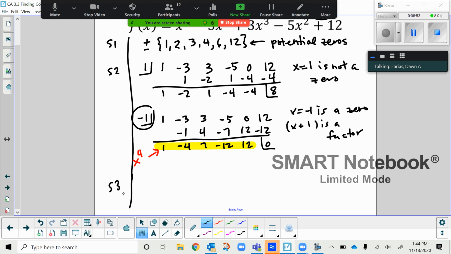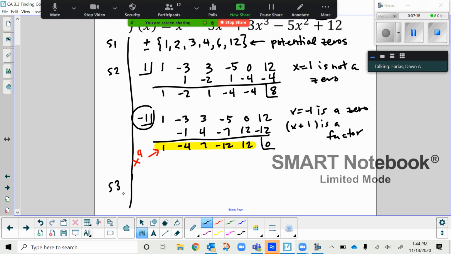And as someone in class pointed out, that seems kind of daunting. Like you could just be trying the positive and negative versions of those numbers all day, right? Well, luckily, I'm here. And I'm just going to tell you what to try next because I know it's going to work. But when you're doing your homework, yes, you will have to just trial and error your way through the problems.